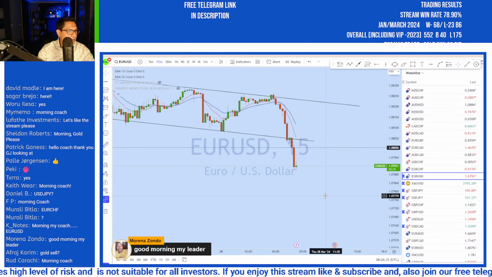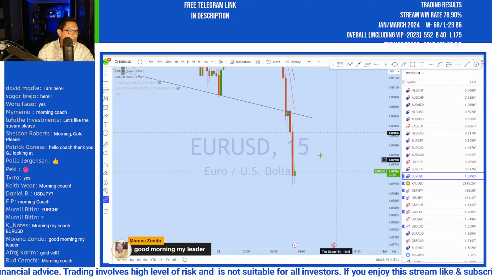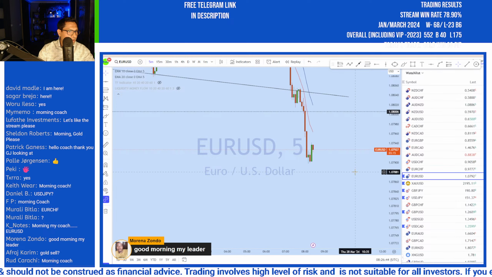So here is a very weak response from the buyers. There's a very narrow candle on euro dollar on the 5 minutes.